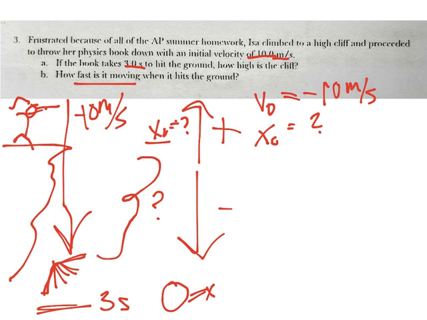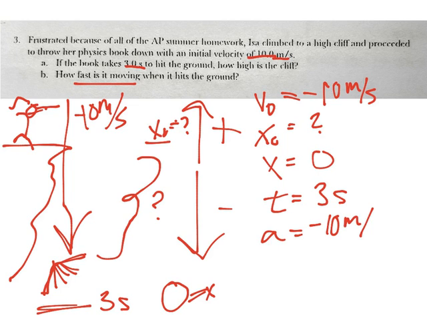We do know where it landed, aka 0. We know that time-wise it took it 3 seconds. And remember, after she threw it, it's being affected by gravity. She gives you negative 10 meters per second squared. If you did negative 9.8, it will get you a very similar answer. So do not worry about that.